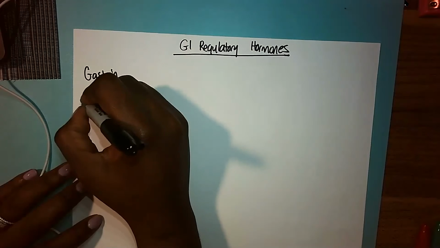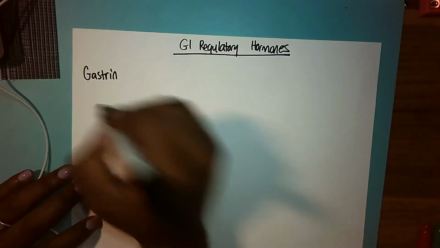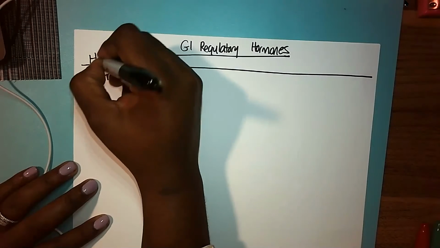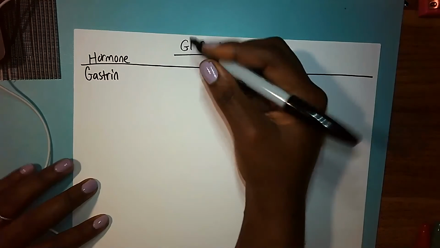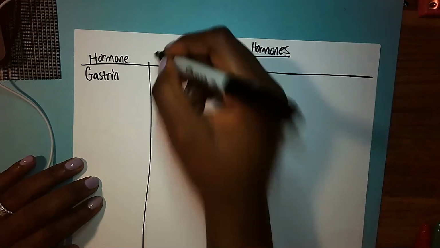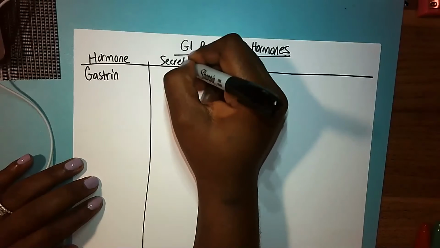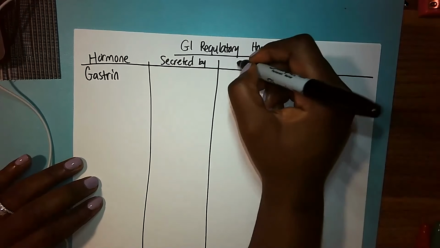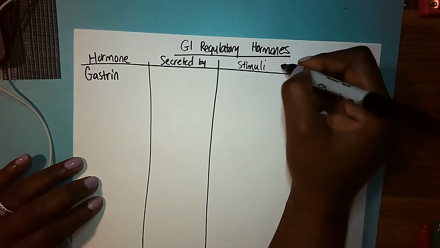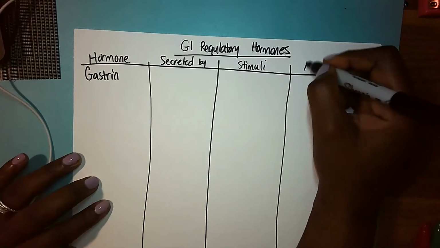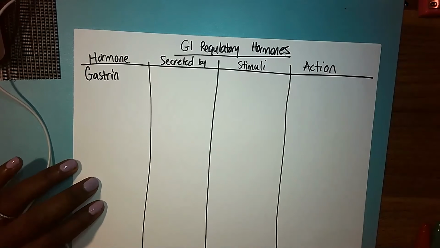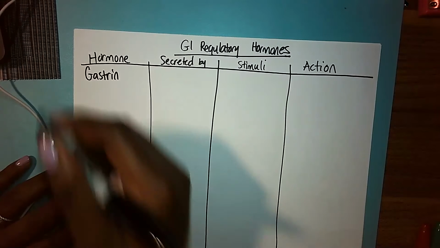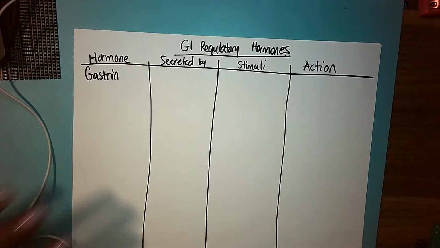We talked about CCK. We'll talk about where each hormone is secreted, what the stimulus for its secretion is, and then what the action is. So let's start off with gastrin.